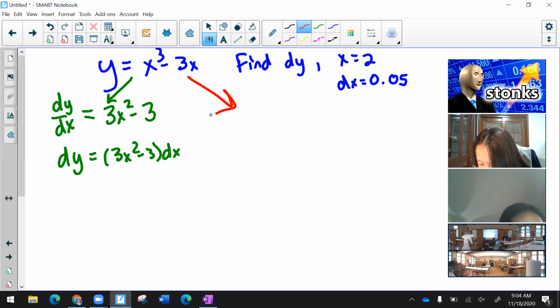Another way to think about this is chain rule. Okay, and chain rule is important. It's one of those fundamental foundational things we need to understand. So if I think about it in terms of chain rule, I'm going to take the derivative of every variable separately. So the derivative of my y is going to be dy.